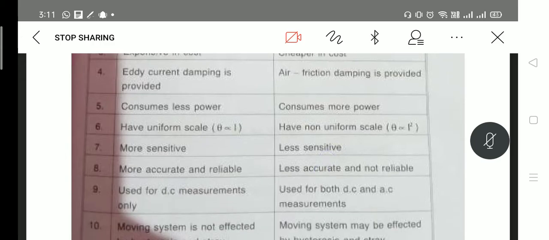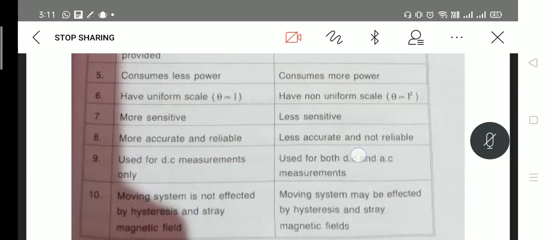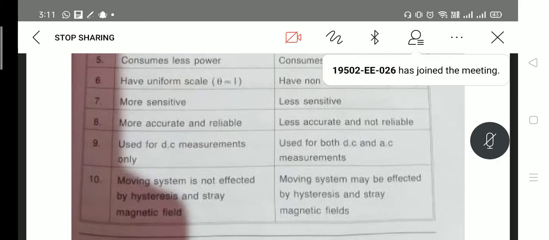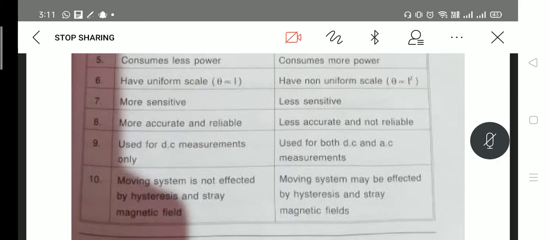Okay, and the MC type is used for DC measurements only, but the MI instrument is used for both AC and DC measurements. Okay, in the MC type we are not affected by hysteresis and stray magnetic fields, but the MI instrument will be affected by hysteresis and stray magnetic field errors.